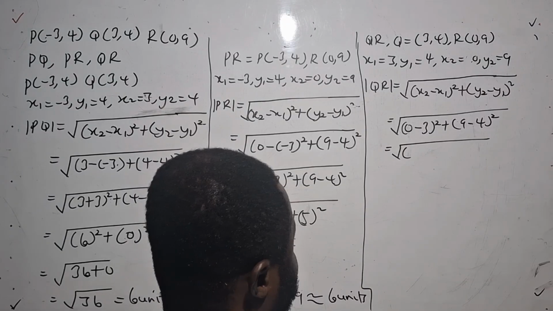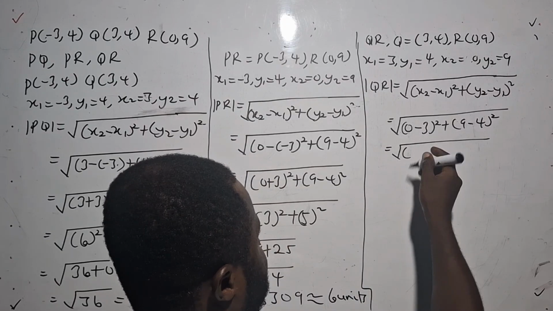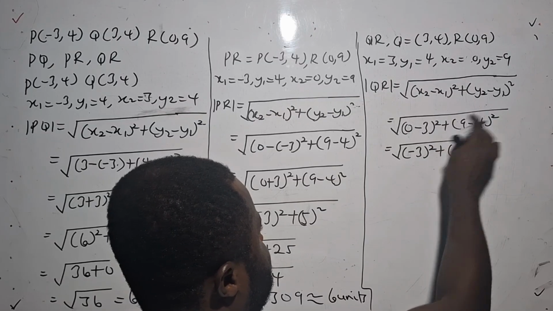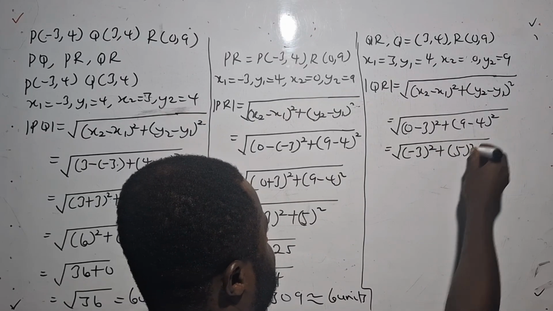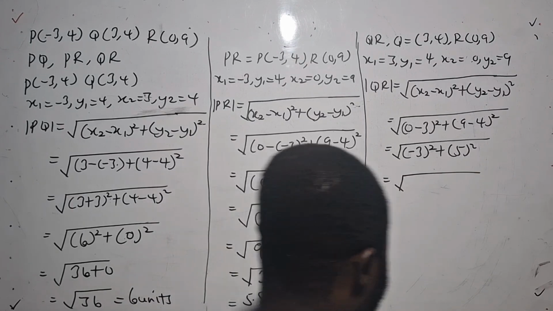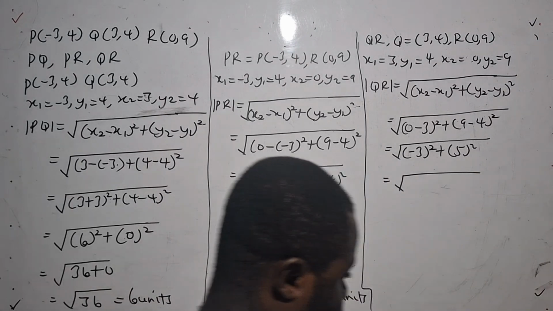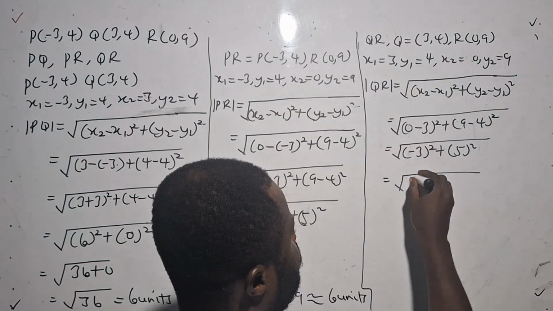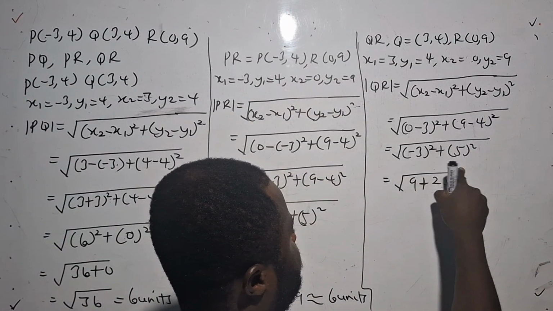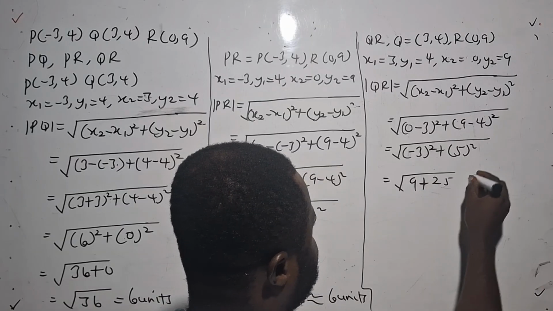So 0 minus 3 gives us negative 3 squared. 9 minus 4 also gives us 5 squared. So pay attention. Negative 3 squared we know will give us 9, plus 5 squared which will give us 25.